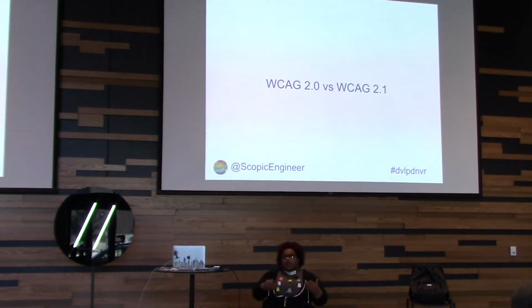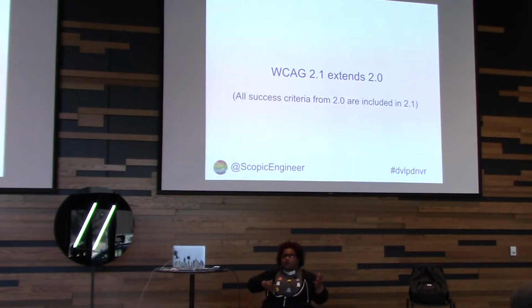I think there's a lot of confusion about whether there was a completely new rewrite of all the standards. That's actually not it. 2.1 extends 2.0, and all the standard success criteria that are in 2.0 are in 2.1 word for word.